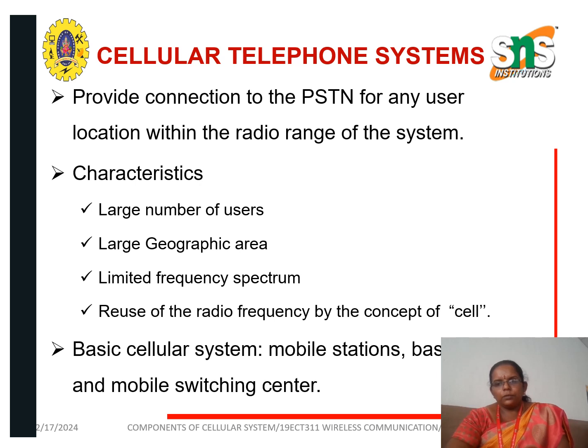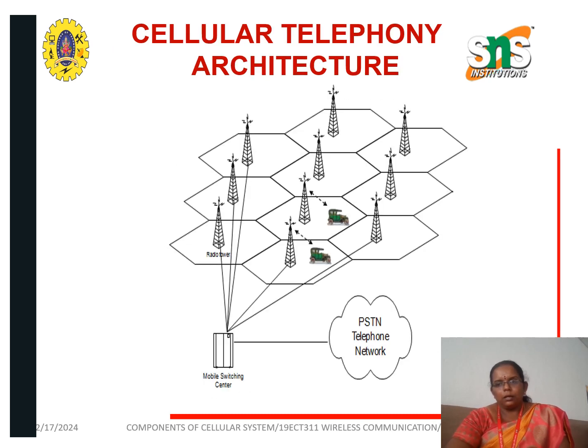The cellular telephone system provides connection to the PSTN for any user location within the radio range of the system. The main characteristics are that it serves a large number of users and covers a large geographic area with limited available spectrum by using the frequency reuse concept. The basic components are the mobile station, base station and mobile switching center. This is the architecture of a cellular mobile network.